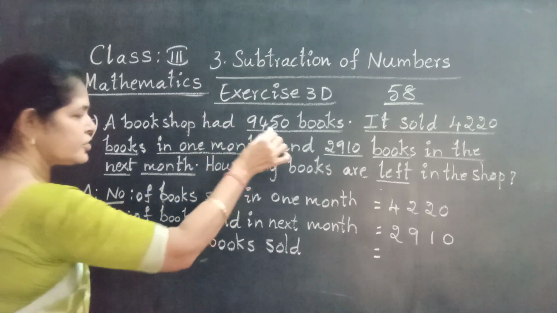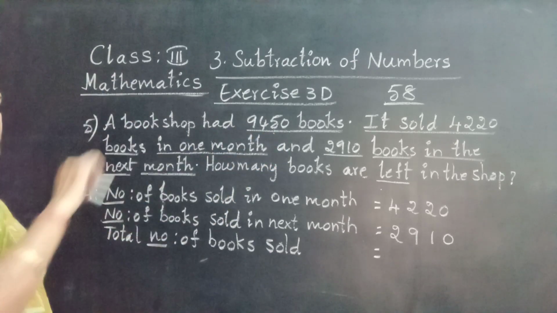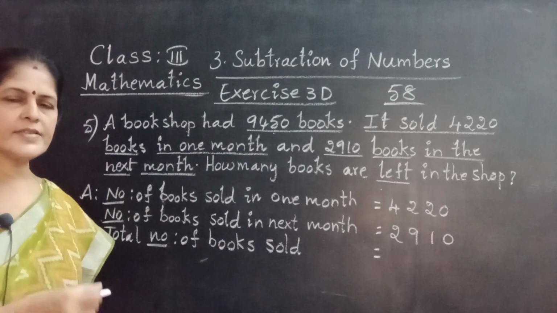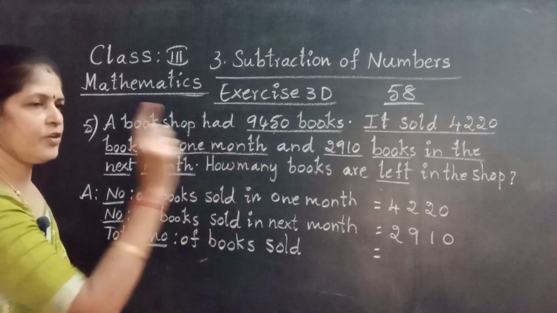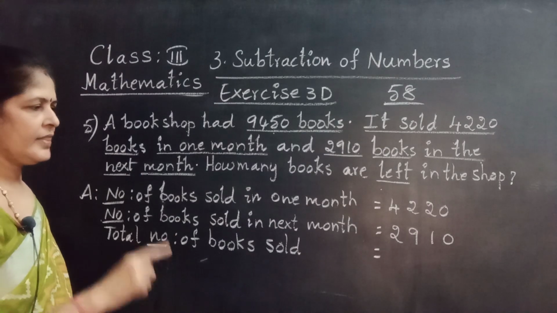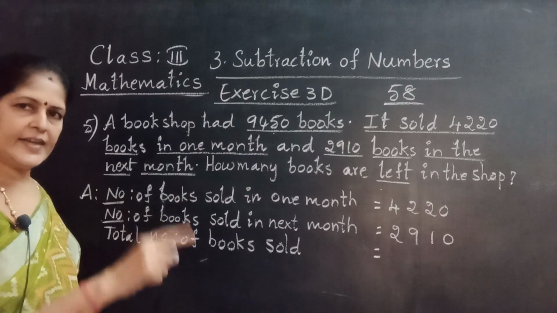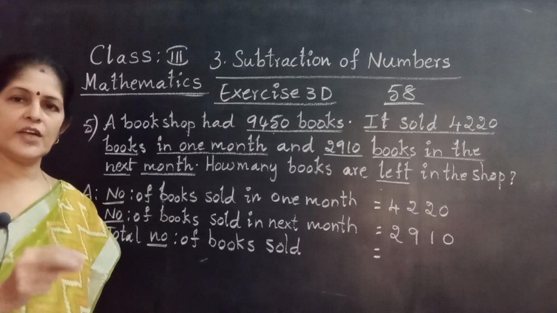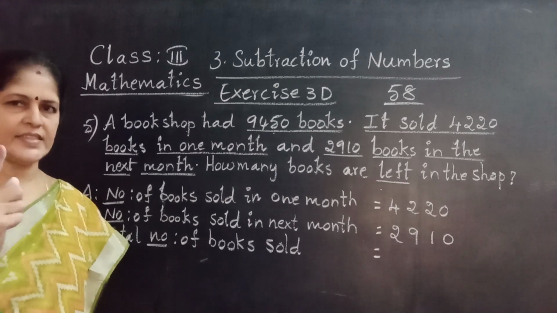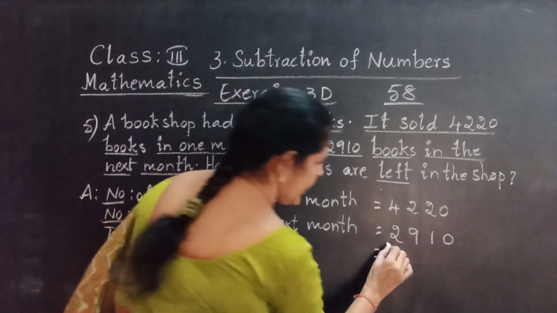This number is all the books in the shop. Of those books, he sold 4,220 in the first month and 2,910 in the second month. Here we find the total number of books sold, first step. How do you get the total?